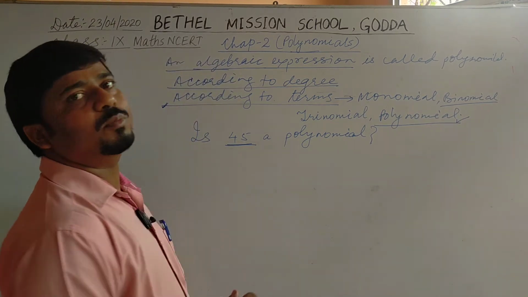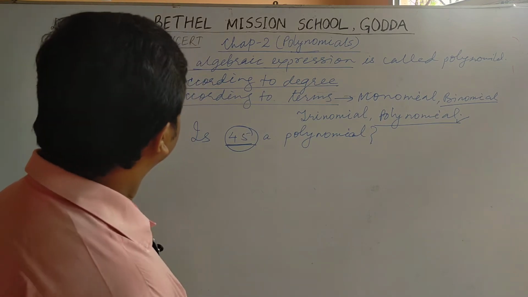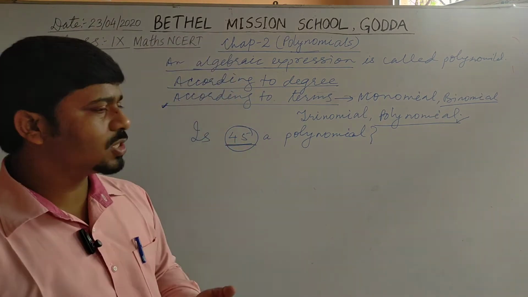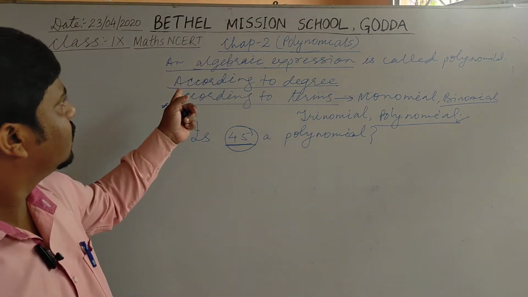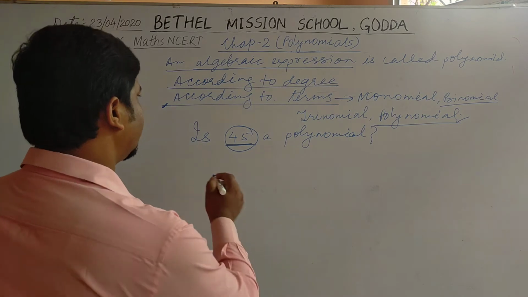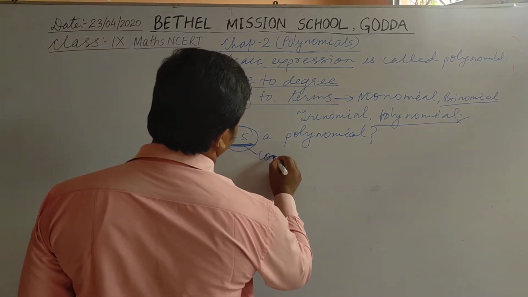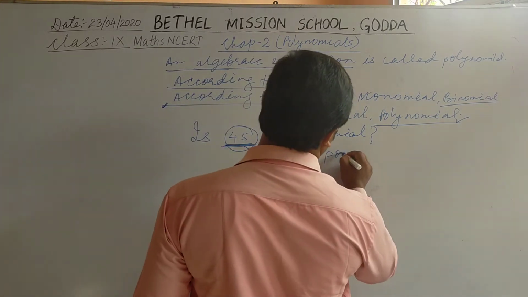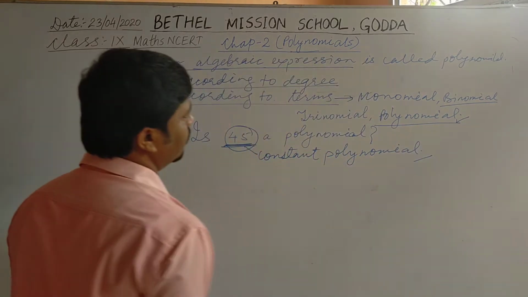That is called constant polynomial, because there is no variable. Already I told, polynomial means algebraic expression with the combination of constant and variable. So there is no variable, so this is called constant polynomial.